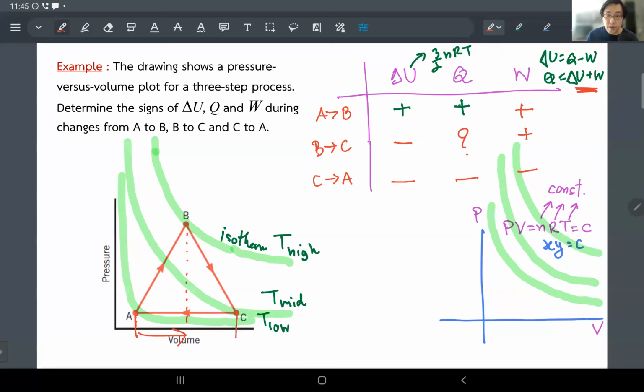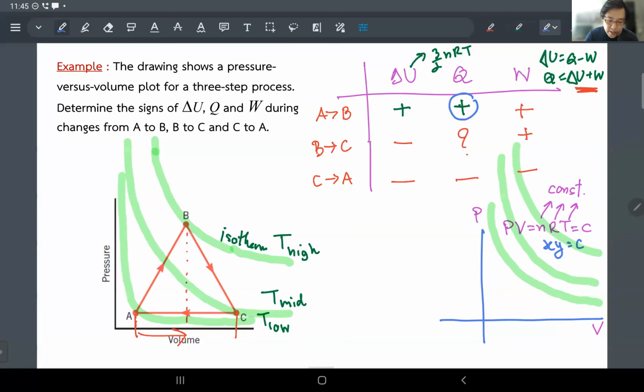Cool. All right. So just a quick summary of what we are doing here: as you can see, we use the PV diagram. We use PV equals nRT. We use the first law of thermodynamics here. Plus, if you would like to be careful with the sign, see this one? A to B, Q is positive. What does it mean?